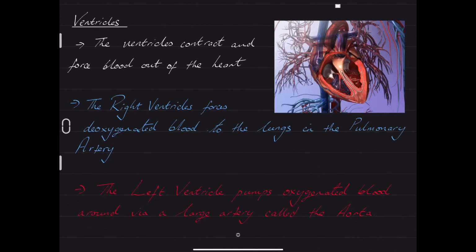Now the aorta is going to be supplying blood to the rest of the body, and it is under high pressure as well. And this high pressure is brought about via the thickness of the left ventricle, which is considerably more than the right ventricle.